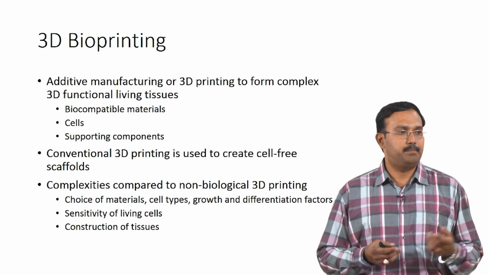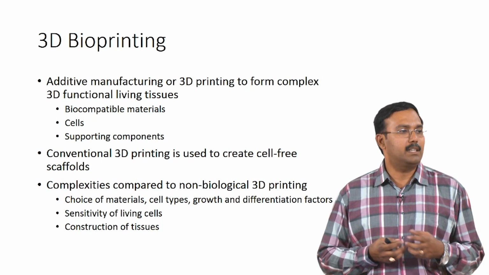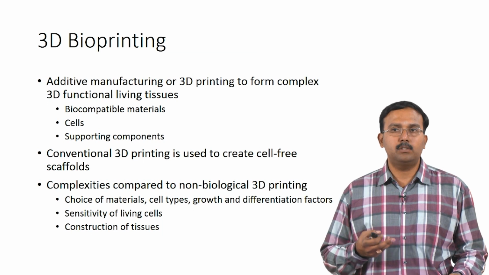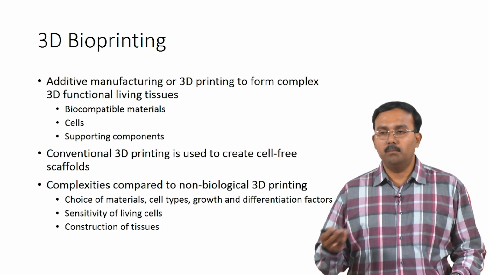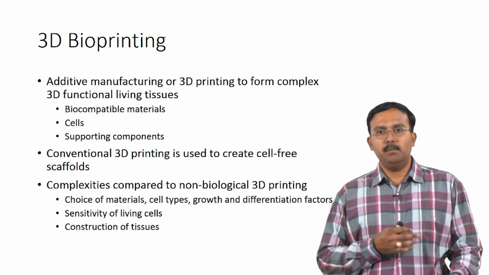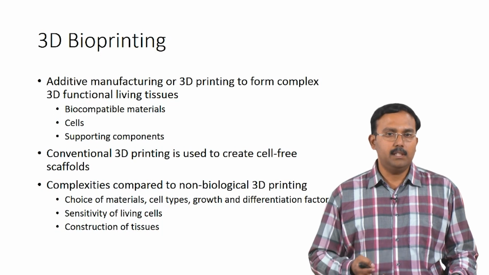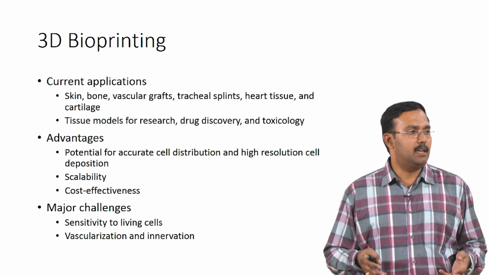Printing a pen or a gun is not the same as printing a tissue, right. The microarchitecture is very different. That makes it quite complex to develop 3D printing technologies for biological tissues. Currently people have tried to print different tissues using 3D printing. Some of these have been reported in literature.